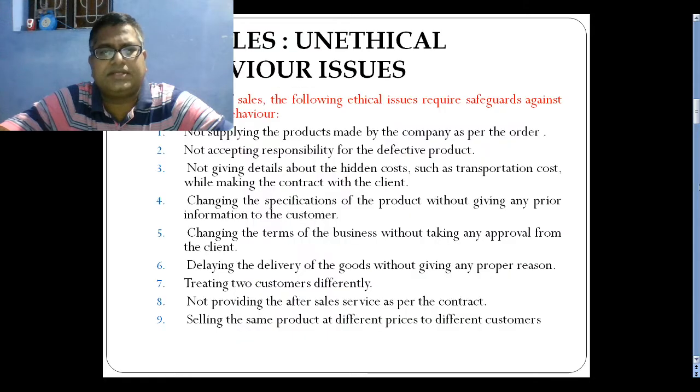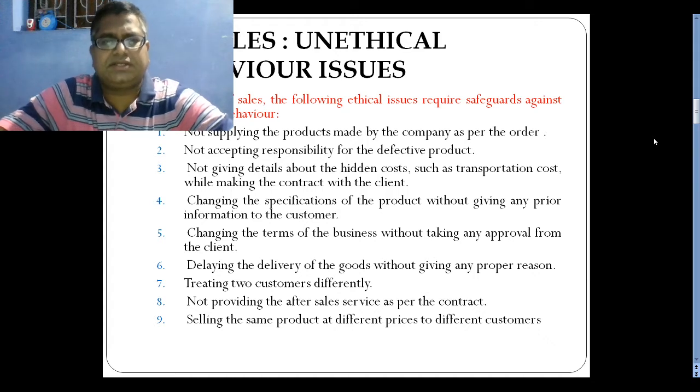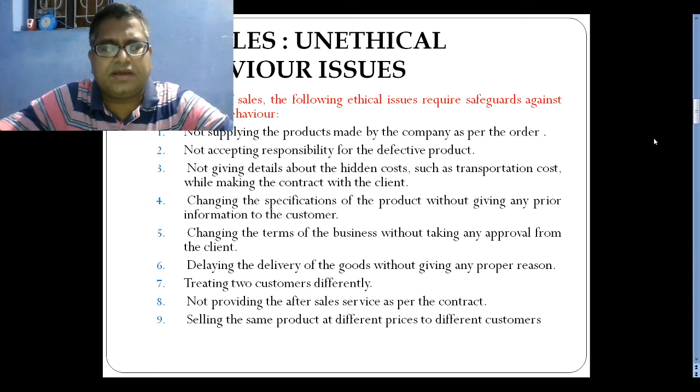My dear students, the first one is sales. Sales means the selling of goods, or transferring goods to another prospective customer, and how the unethical behavior issues are to be addressed to safeguard against unethical behavior.